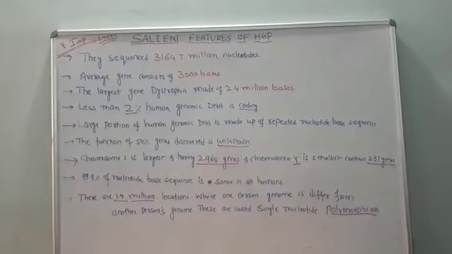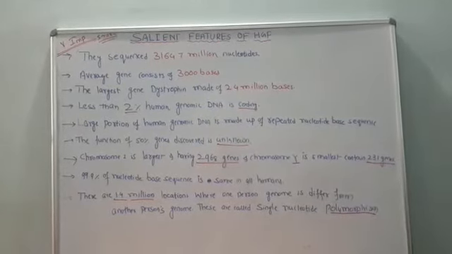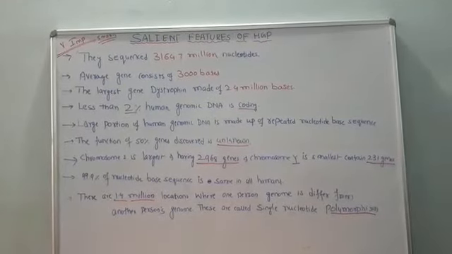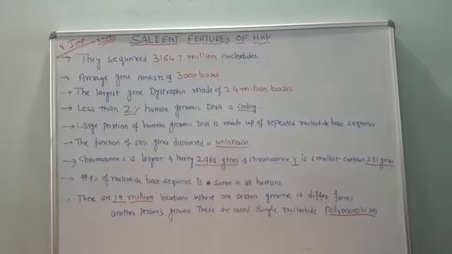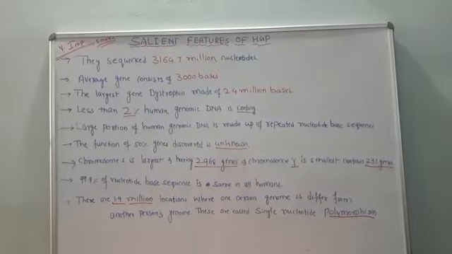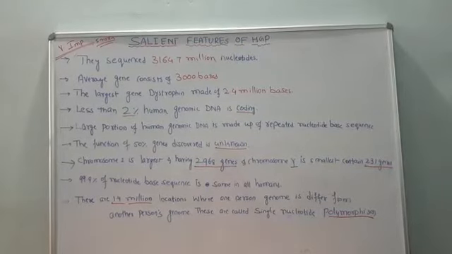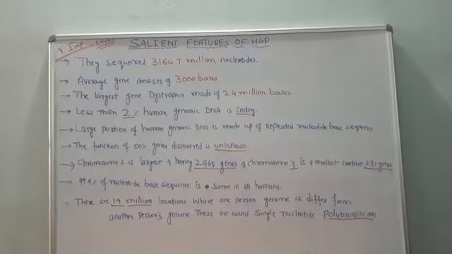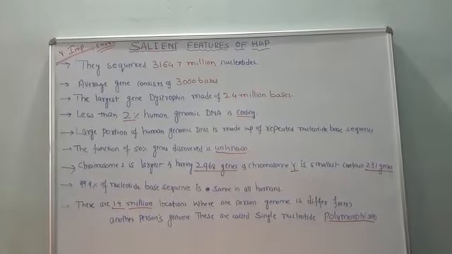The muscular dystrophin is the largest gene, which is made up of 2.4 million bases. Concentrate on the data I wrote with the red pen: the largest gene, dystrophin, is composed of 2.4 million bases.